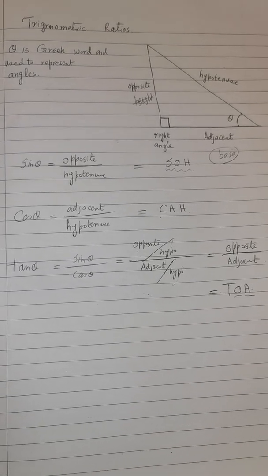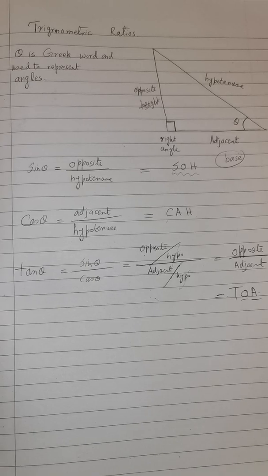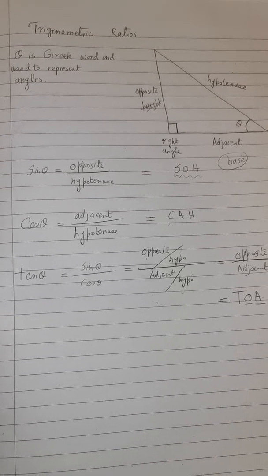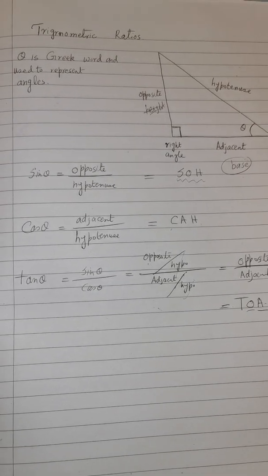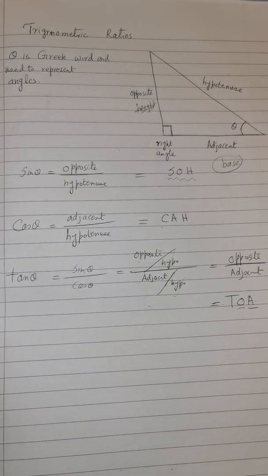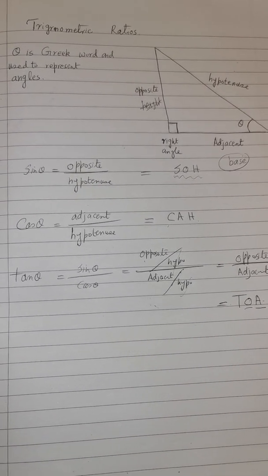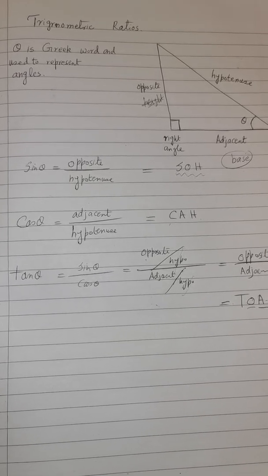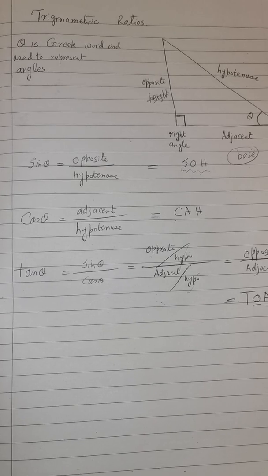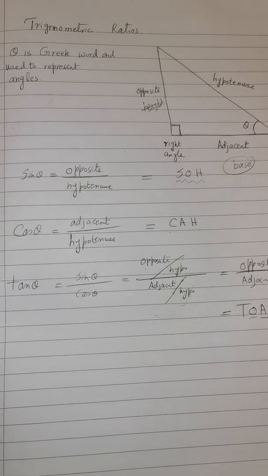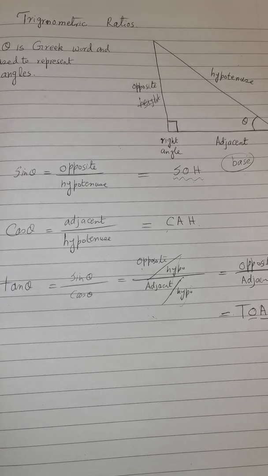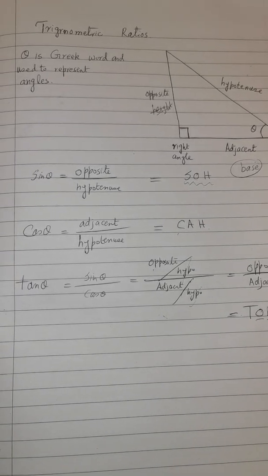They will tell you this is the value of theta, this is the value of AB, this is the value of BC, and you have to find the value of CA, or the value of theta. It depends on the demand of the question. By using these three formulas, you can easily find the missing sides or the missing angle in a right angle triangle.